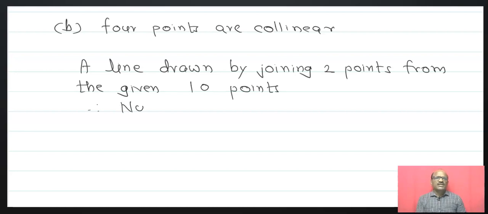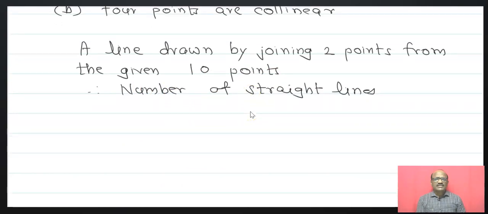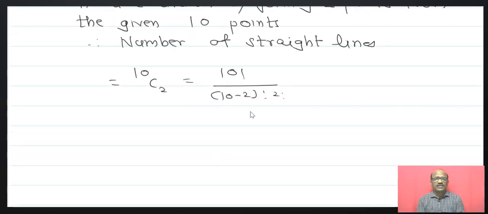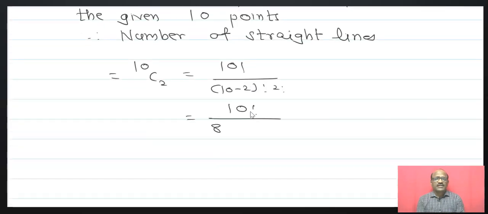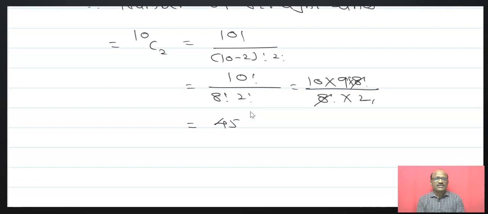A line is drawn by joining 2 points from the given 10 points. The number of straight lines equals 10C2, which is 10 into 9 into 8 factorial upon 8 factorial into 2 factorial, that is 45.